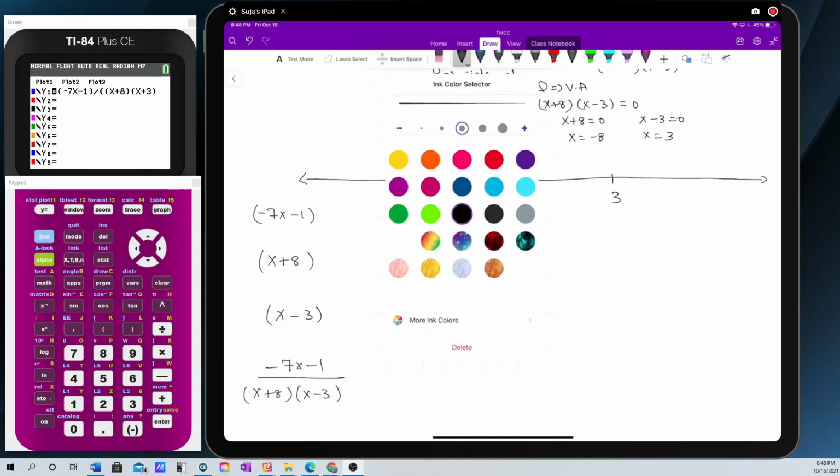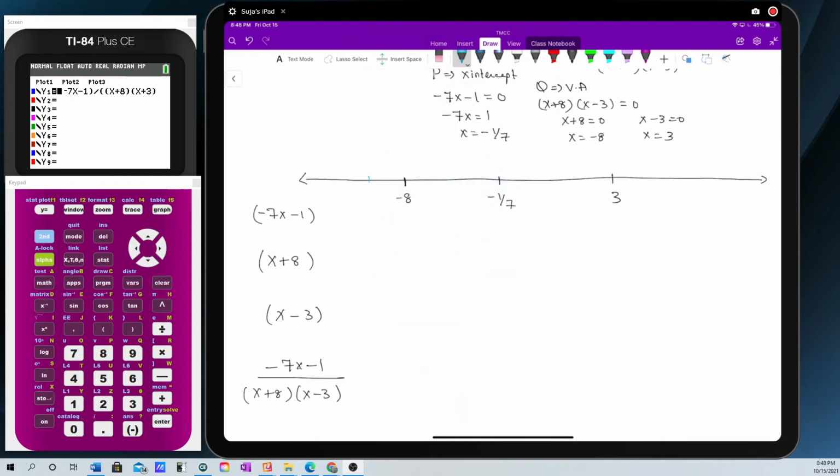Okay, the first thing I'm going to do is pick a test point from here, probably negative 9. And I'm going to just look at the signs. So if I plug in negative 9, negative 7 times negative 9 minus 1, I'm going to end up with a negative number. Okay, so if I do negative 9 plus 8, I'm going to have a negative number.